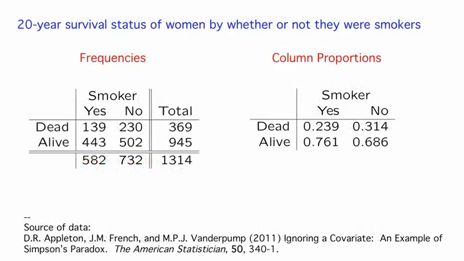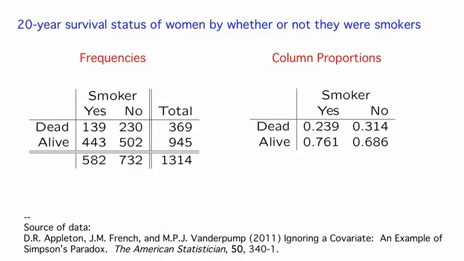Let's look at one more example from a report on the findings from a 20-year follow-up of a large-scale study of thyroid and heart disease carried out in England in the mid-1970s. We're showing a subset of the data containing measurements on 1,314 women who were classified at the beginning of the study as current smokers or having never smoked.